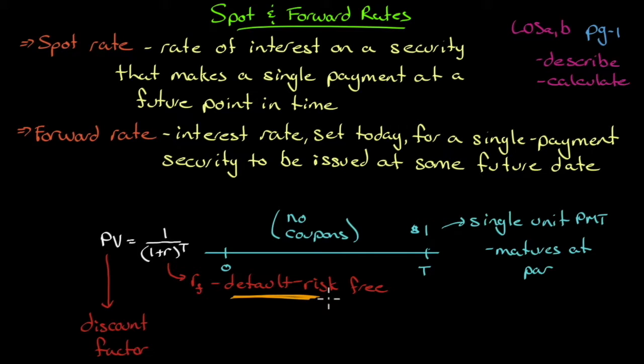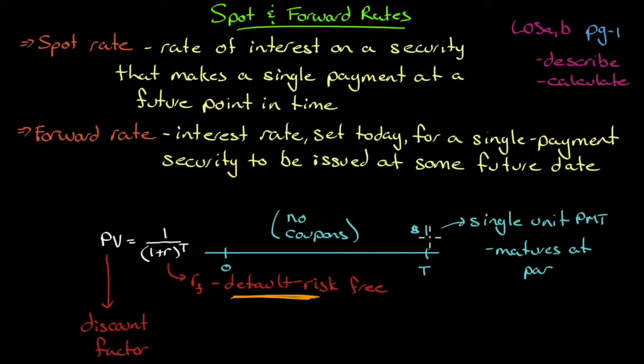So let's just have a look at really what we're talking about here with the spot rate. The R right here in this formula, that's our spot rate. So we can conceive of a dollar that we'll be receiving at time t. This $1 we call a single unit payment, and we'll be using $1 to represent all our zero coupon bonds from now on. It matures at par, so it matures at $1.